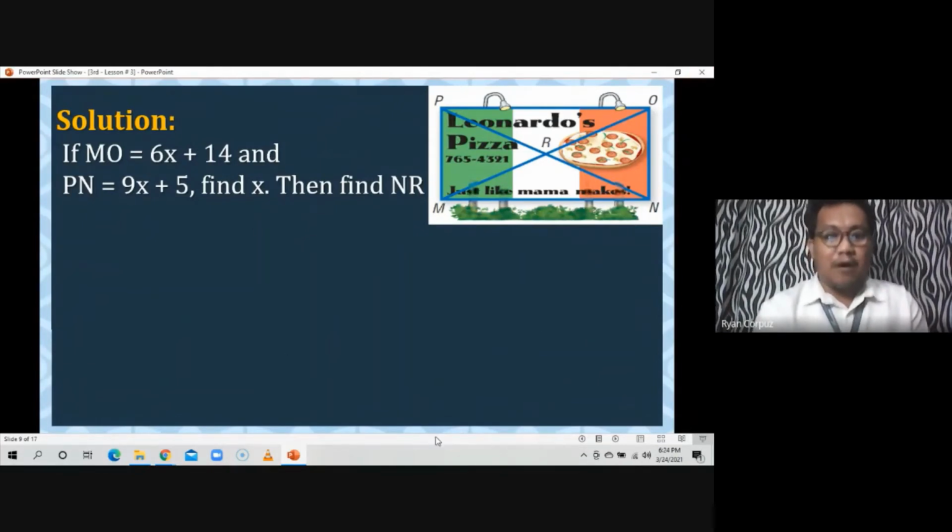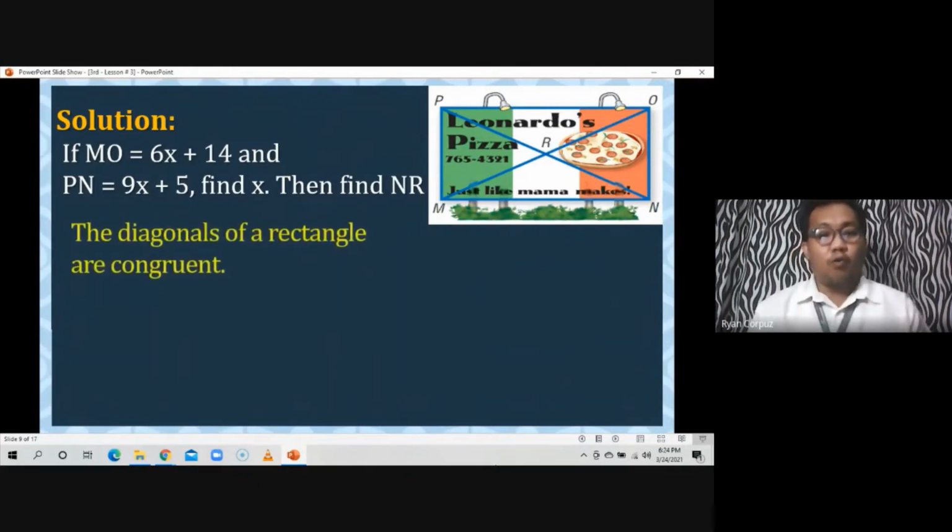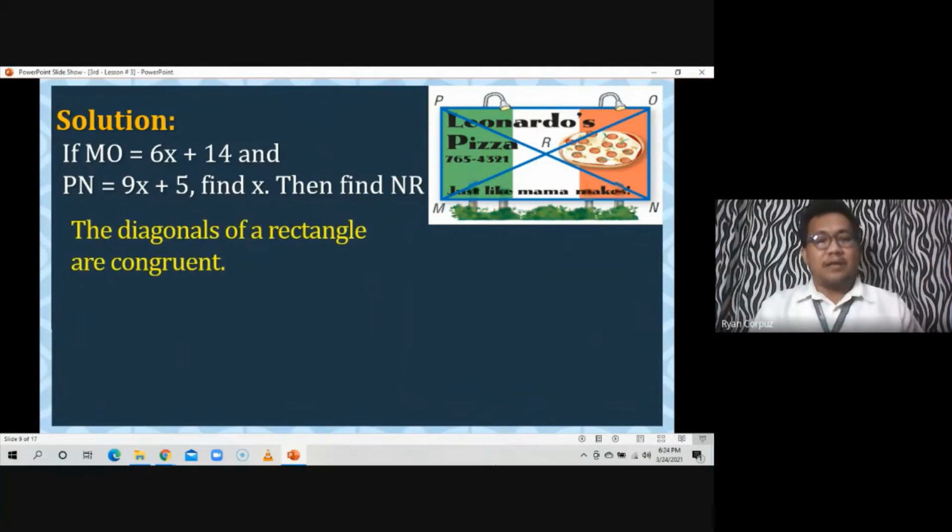So going back to the properties of a rectangle, we made mention there that diagonals of a rectangle are congruent. So that certain property will help us find the value of x. By knowing that the diagonals of a rectangle are congruent, since these two measures are the measures of the diagonals of a rectangle, we can make use of this property to find the value of the variable x.